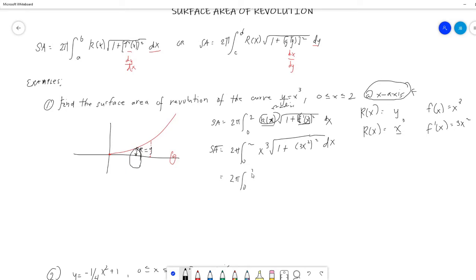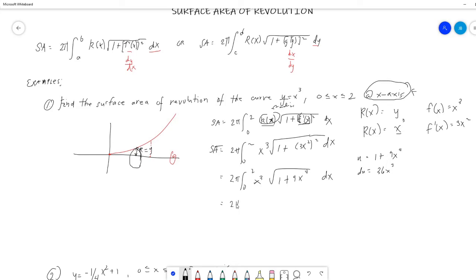Simplifying from 0 to 2, that's x cubed times square root of 1 plus 9x to the power of 4, dx. Using u substitution to integrate this function, we get u equal to 1 plus 9x to the power of 4, and du is 36x cubed.